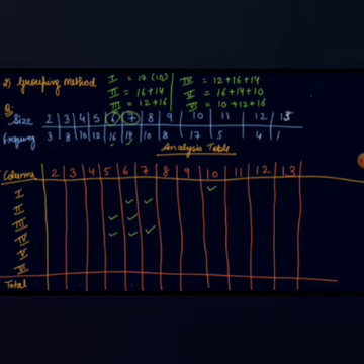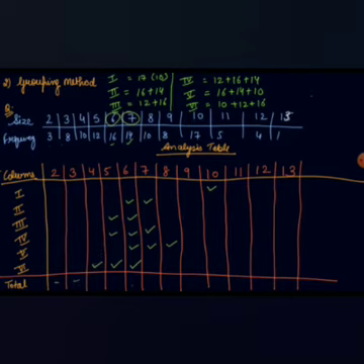So 16 is corresponding to 6, 14 is corresponding to 7, and 10 is corresponding to 8 as the size. In the sixth column, we had 10 plus 12 plus 16. So 10 is corresponding to 4, 12 is corresponding to 5, and 16 is corresponding to 6.